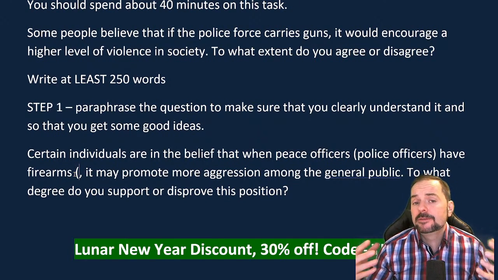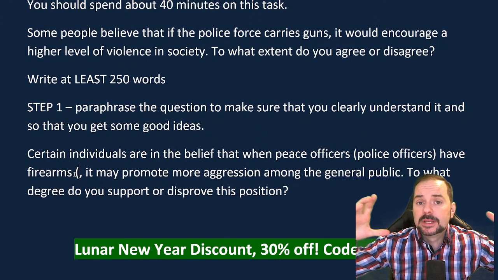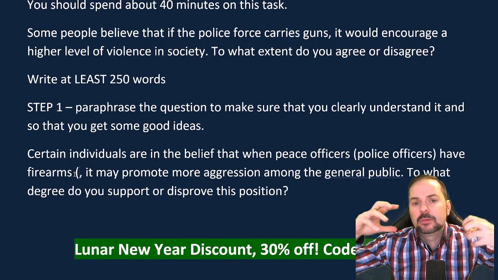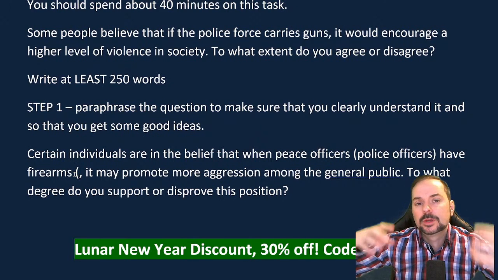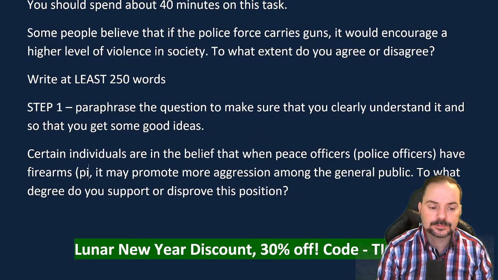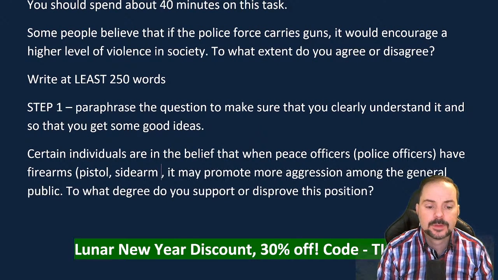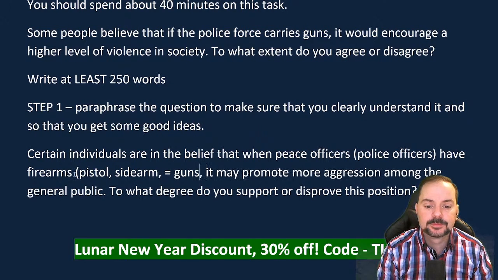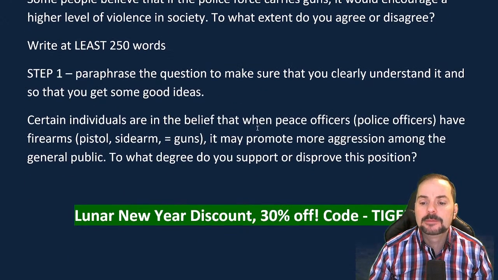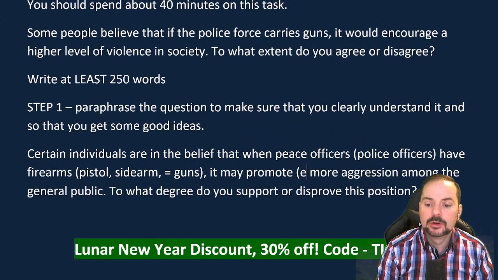And it's good to paraphrase these nouns because you start to visually picture these weapons and you start to understand what they symbolize or what they reflect, how they work, right? These are all equivalent to guns. Okay. It may promote. So instead of encourage, I'm using the word promote.